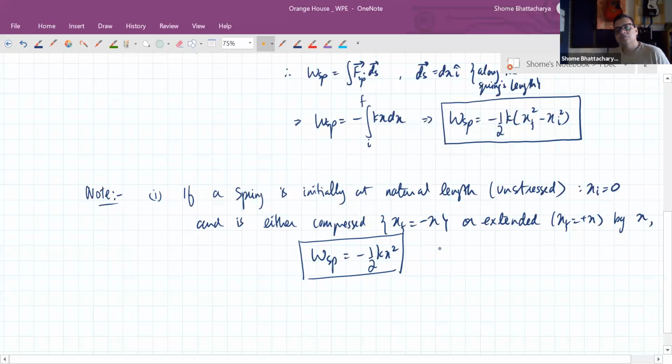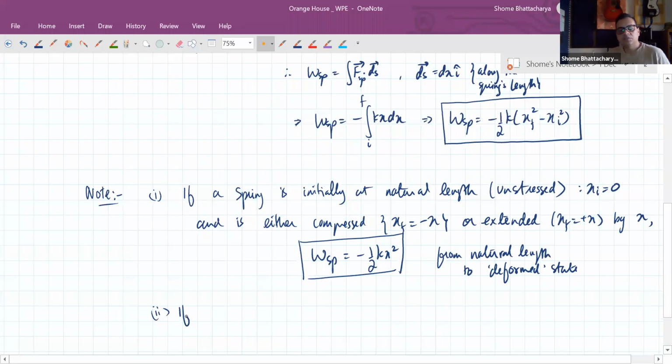So this is the work done from natural length to a deformed state. The spring does negative work.